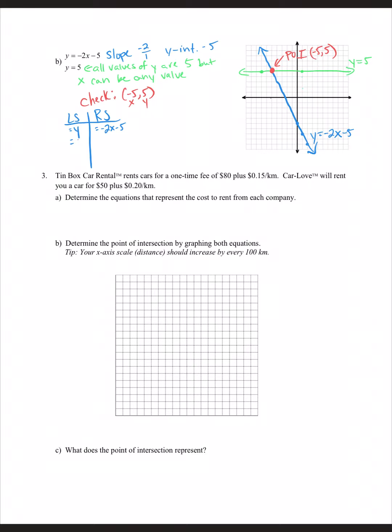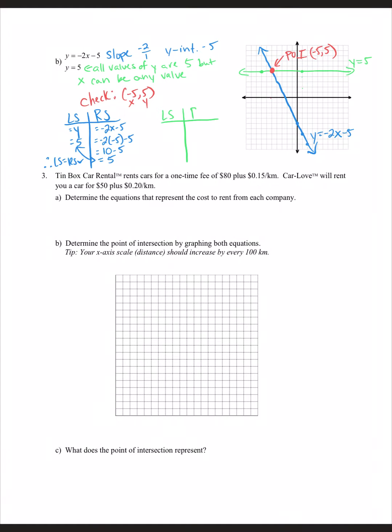So my left side of my equation, y is 5, and the right side of my equation, I'm going to substitute a -5 in for x. So we're going to have -2 times -5 is a +10, and that's going to simplify to 5. So you can see the left side is 5, the right side is 5, so therefore left side equals the right side. It's like check. So let's make sure that that point of intersection also satisfies the second equation.